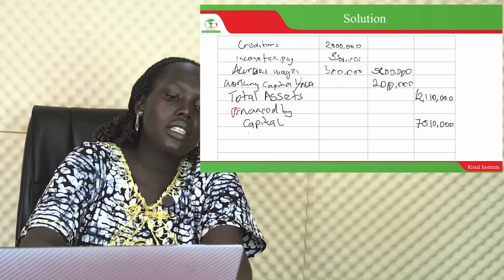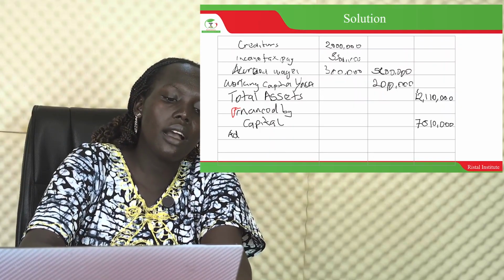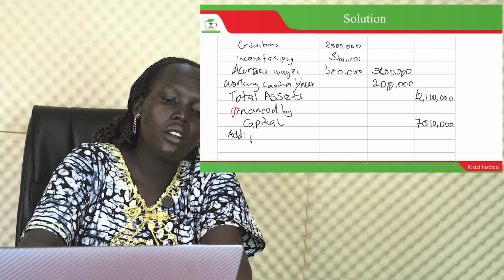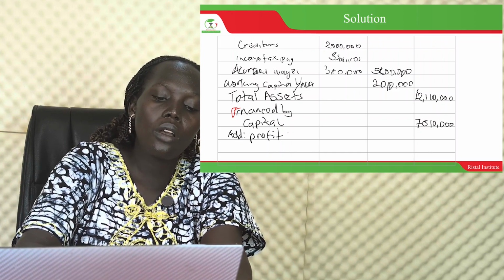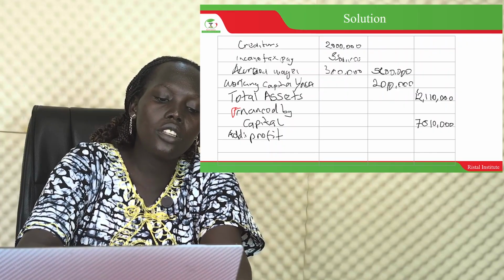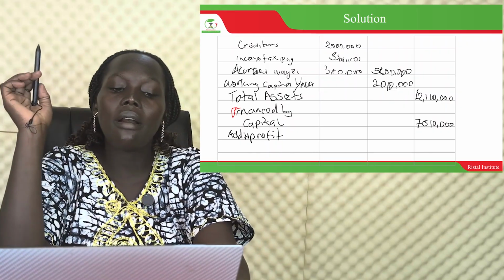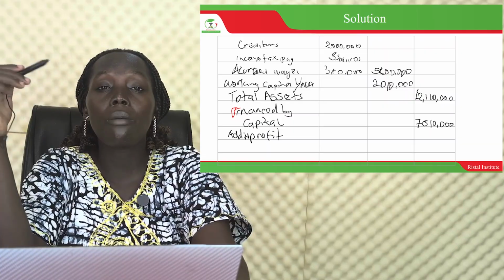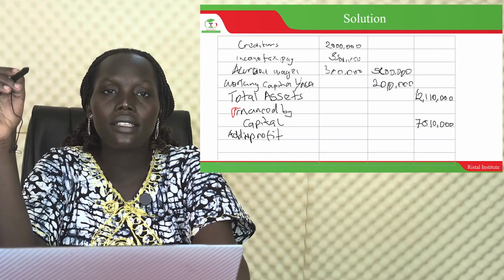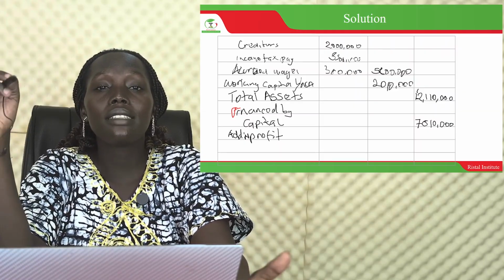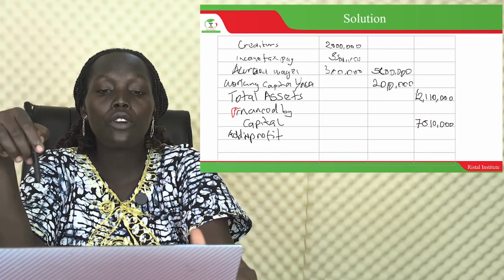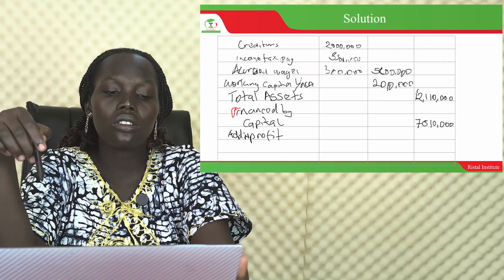So we add our net profit, the one that we got from our income statement. That's why I said it is very crucial for you to first watch the income statement before coming to watch the balance sheet.